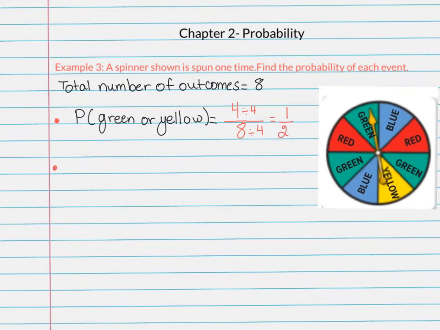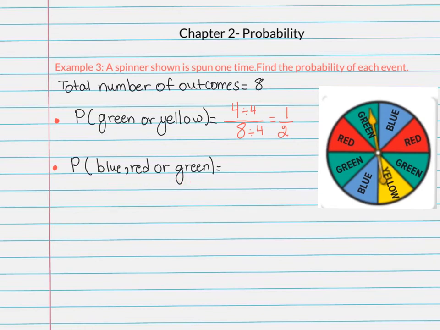Another example. Probability of blue, red, or green. Here I have 3: blue, red, or green. I need to count the 3 of them.